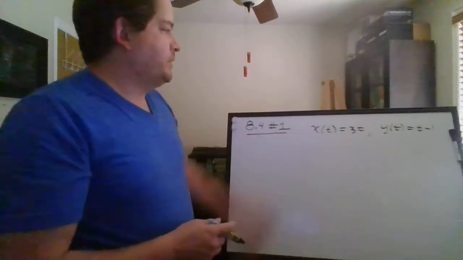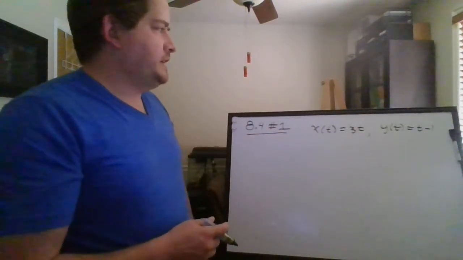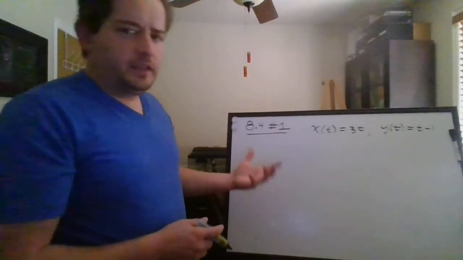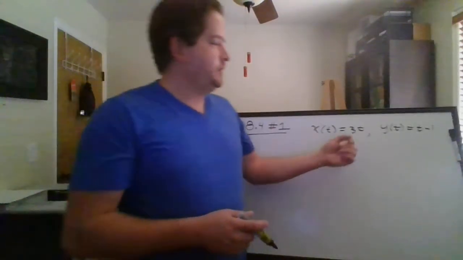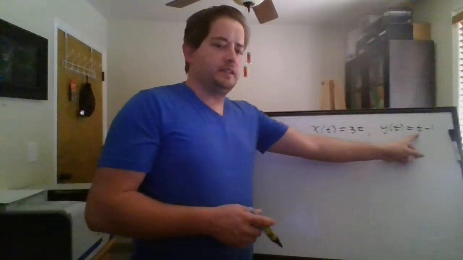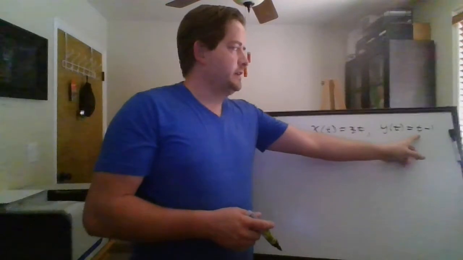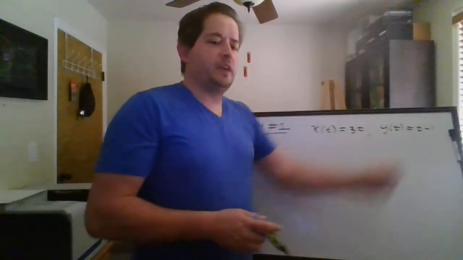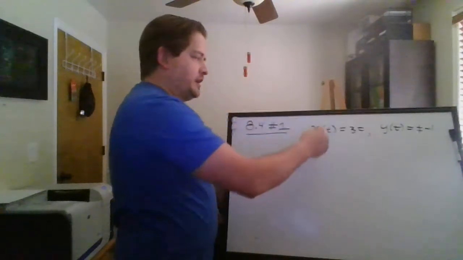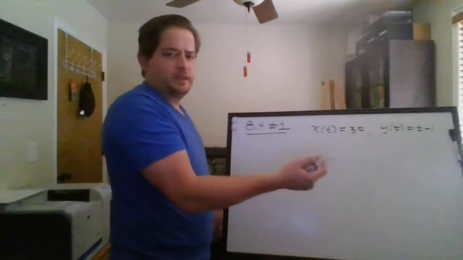Okay. So I've got x of t, y of t, and essentially I want to get rid of the t, right? The easiest way to do that is to solve one of the equations for t, and I'm going to pick the easiest t, which is this one right here. I can isolate this t by simply adding 1. Instead of y of t and x of t, I'm just going to write these as x's and y's, because it's easier to deal with.